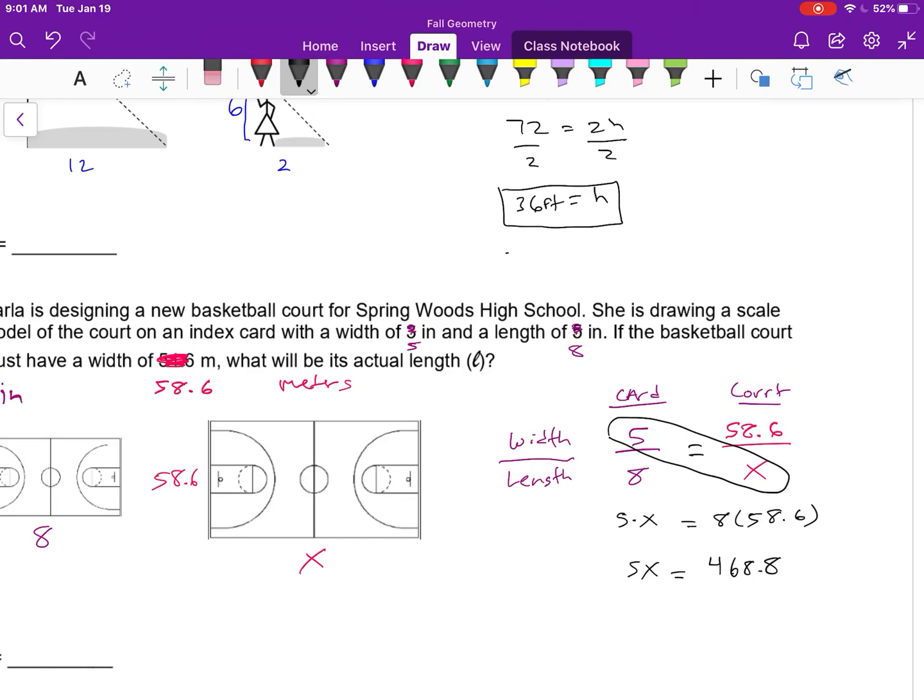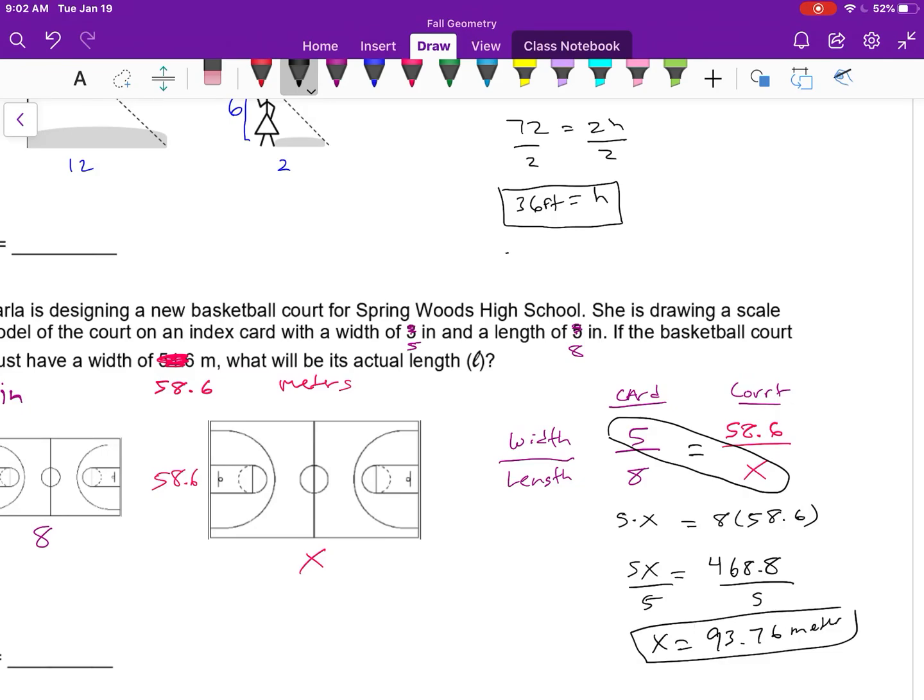Then I'm going to take that value and divide it by 5, and then you'll get 93.76. And don't forget, it says it's in meters. Meters. So there you go.